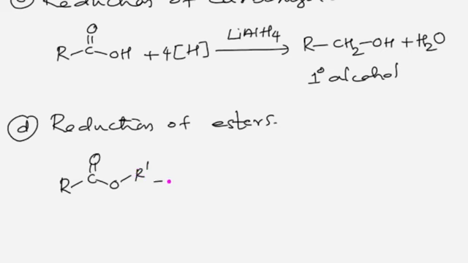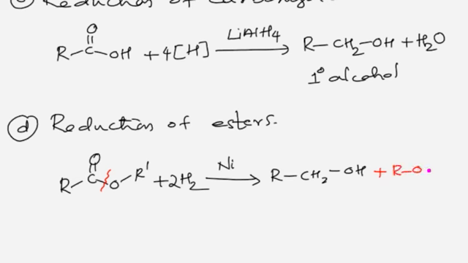Now I take hydrogen gas, 2 molecules of hydrogen gas are required, and I treat this with hydrogen in presence of nickel catalyst, and then I get R, CH2OH. Notice that one more alcohol is produced here because this bond breaks and we get ROH. So we get this molecule. Hope you understood this, right?